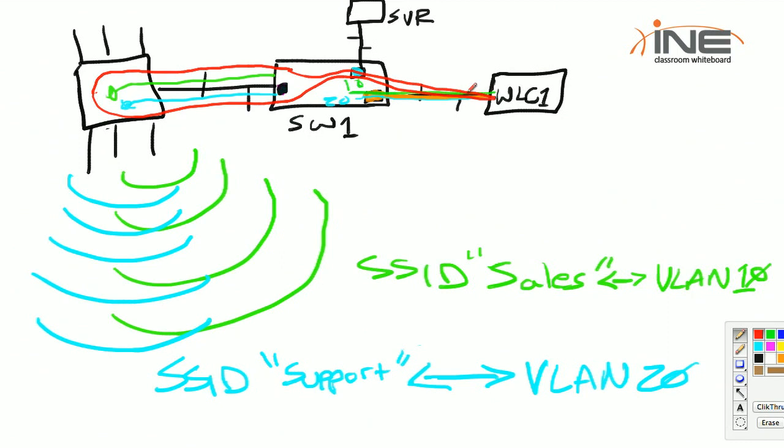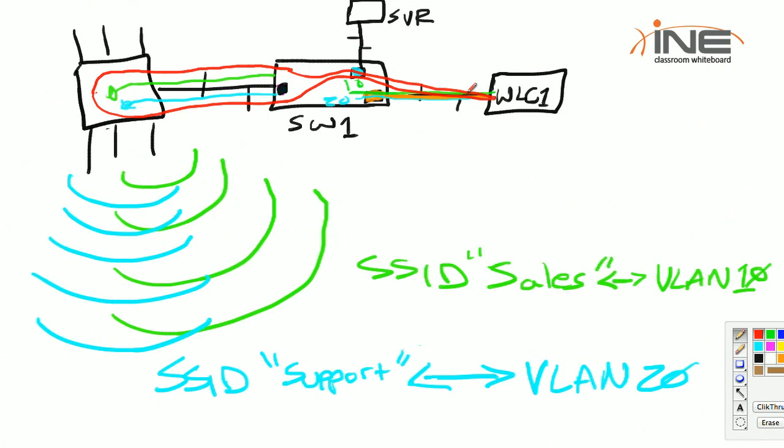And in fact, someone brought up a good point during a break that the 640-722 blueprint still refers to everything as LWAP, and it actually refers to things like HREAP, hybrid REAP for remote access APs, or remote office, remote edge, Office Extend APs, rather than the new terminology of FlexConnect. Again, it's really not that big of a deal. FlexConnect is just a new branding. It has a few new features, but it's just a new branding of the old HREAP.